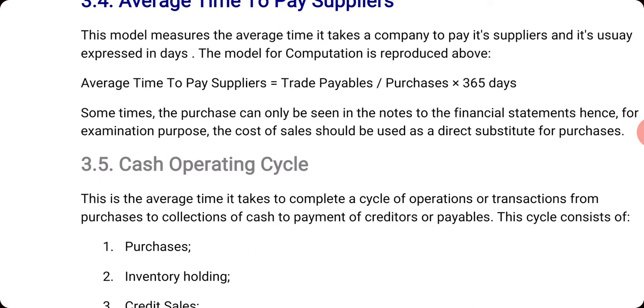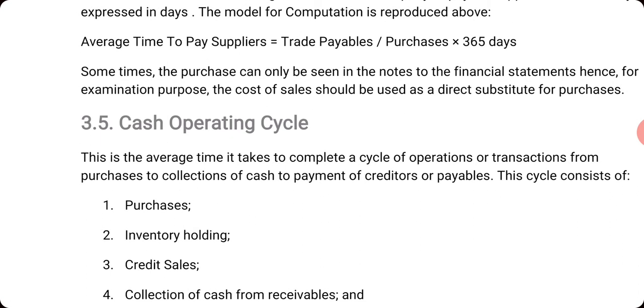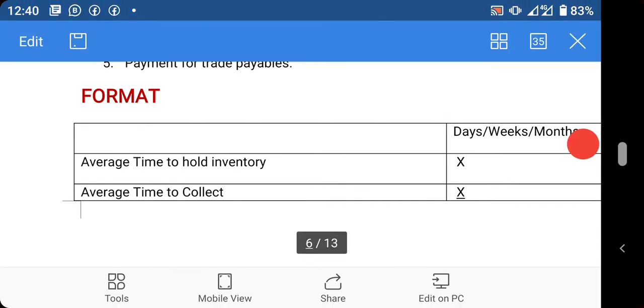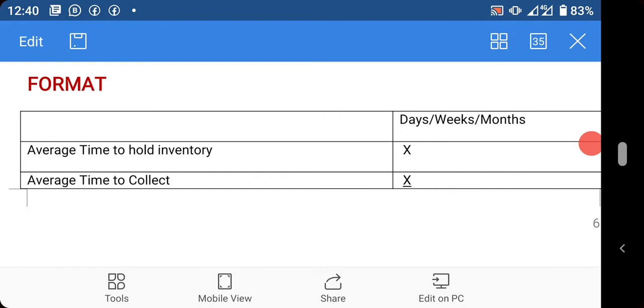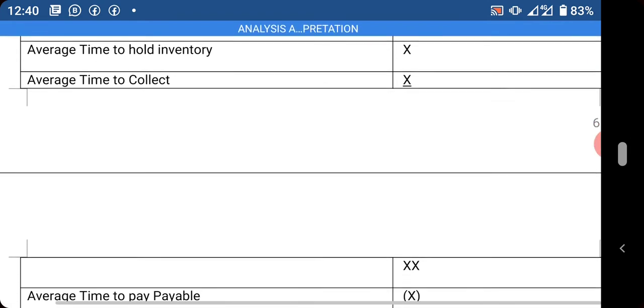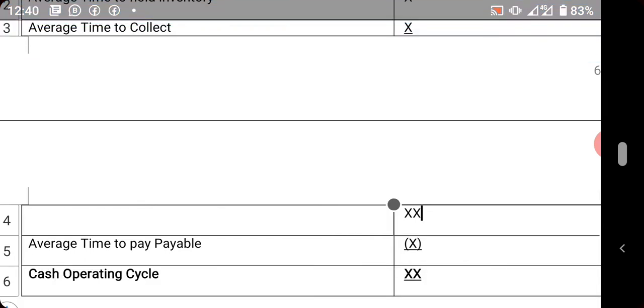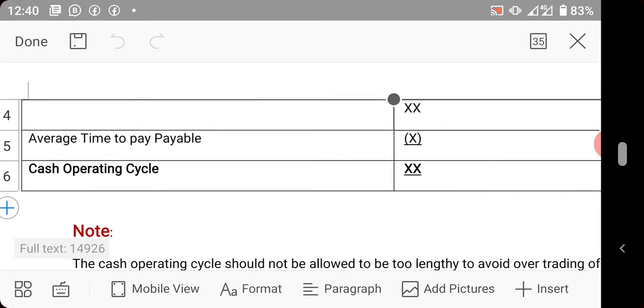Then we have cash operating cycle. Cash operating cycle is easy to calculate. I've already explained what cash operating cycle is. However, the format is this: average time to hold inventory plus average time to collect receivables, you add them together, it gives you this, then minus average time to pay payables.